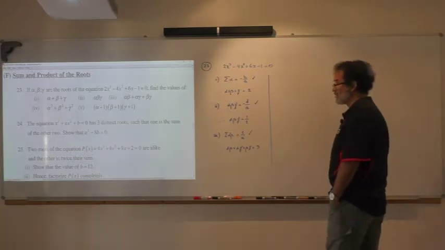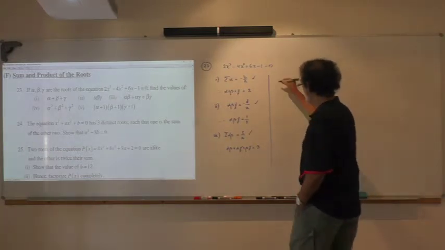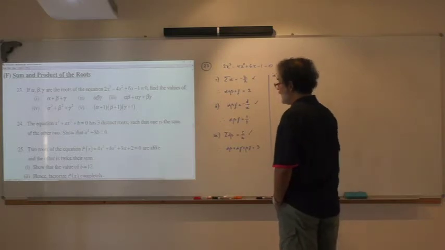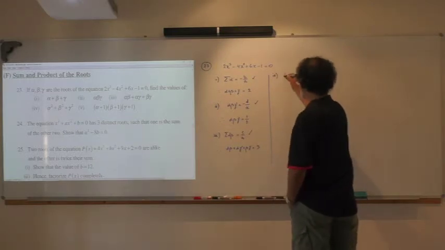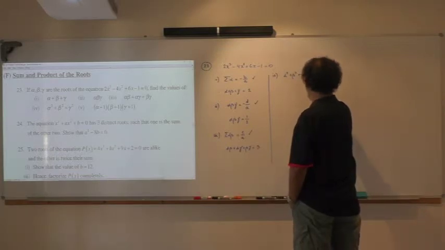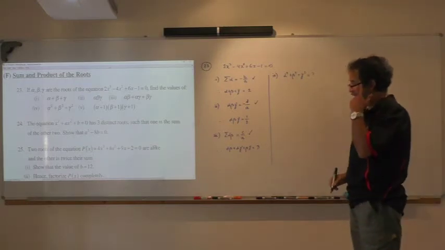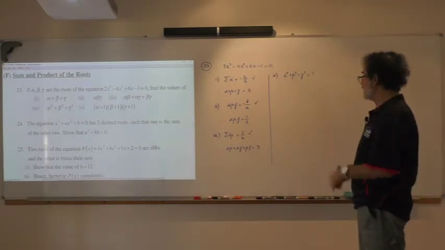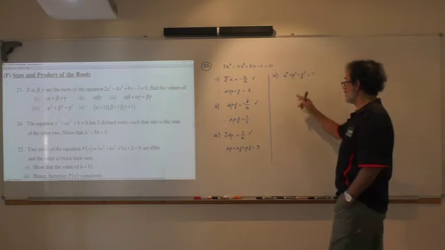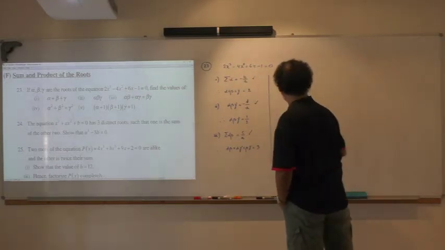But the problem is when you have to find things like part 4. In part 4, we have to find alpha squared plus beta squared plus gamma squared, and we don't have any direct relationship between this and the coefficients.